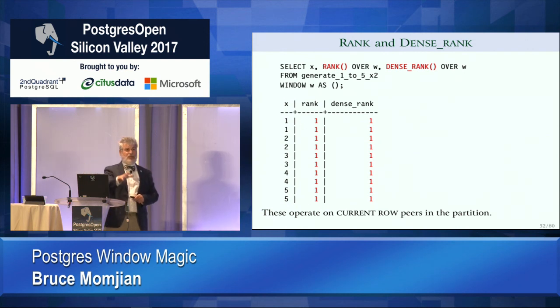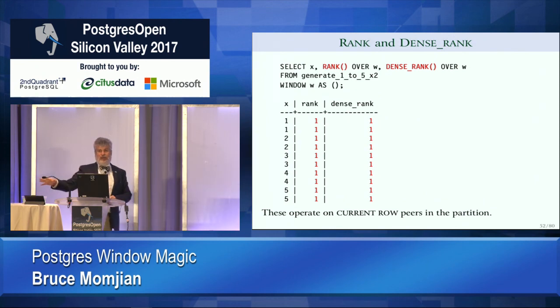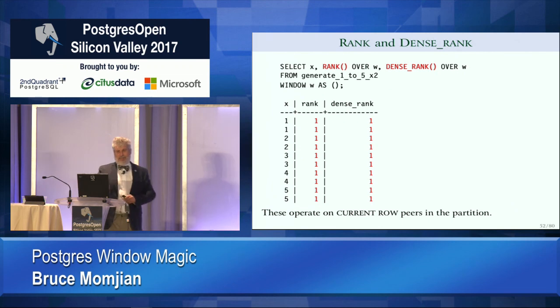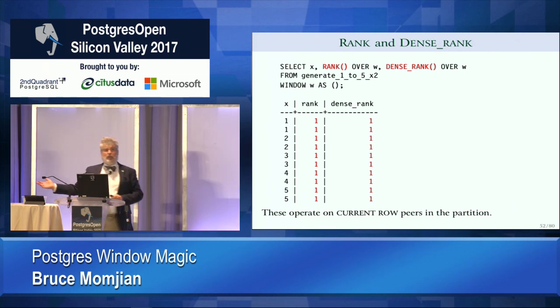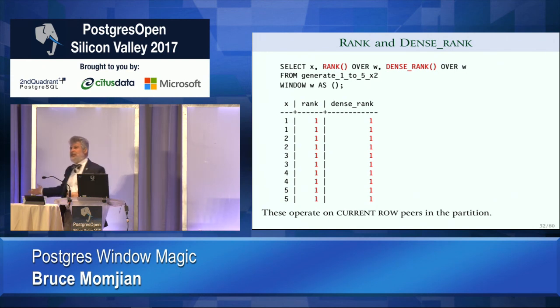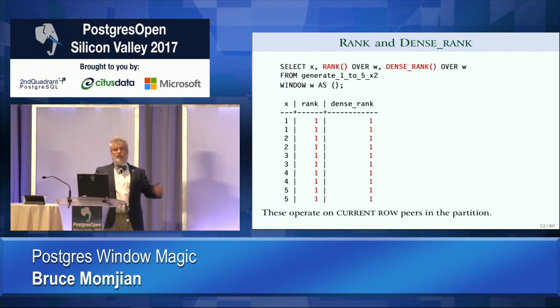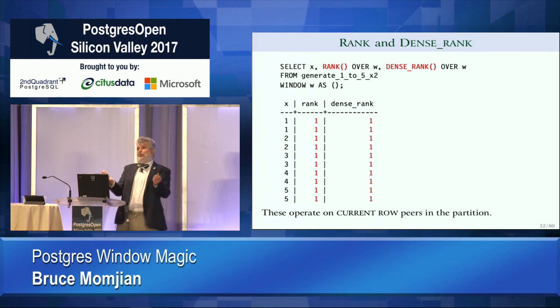We're back to a function that doesn't work on frames, that works on partitions. If I specify no ordering at all, I've got completely useless data because I haven't told it how to order the result. You can't give me a rank without telling me how to order them. I need ordering to get rank.